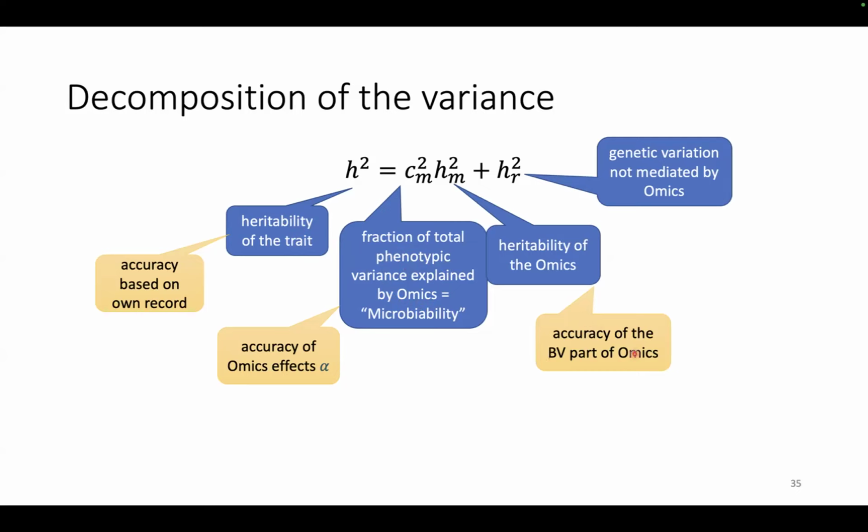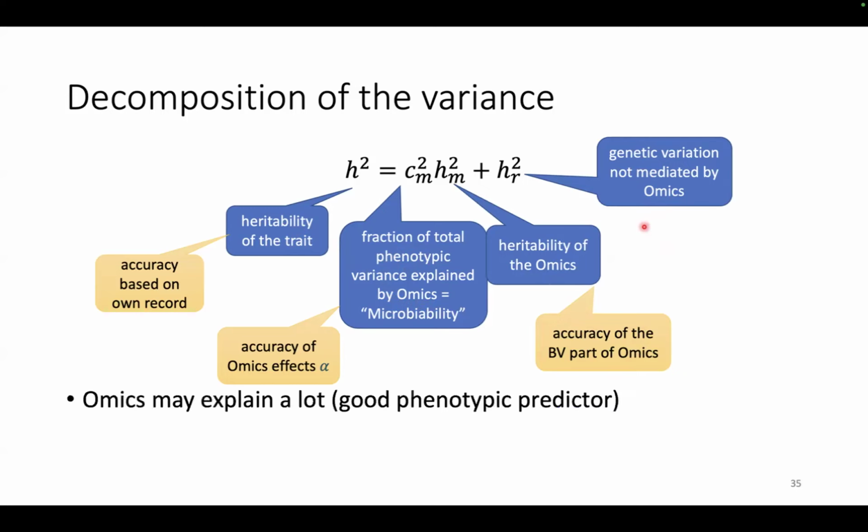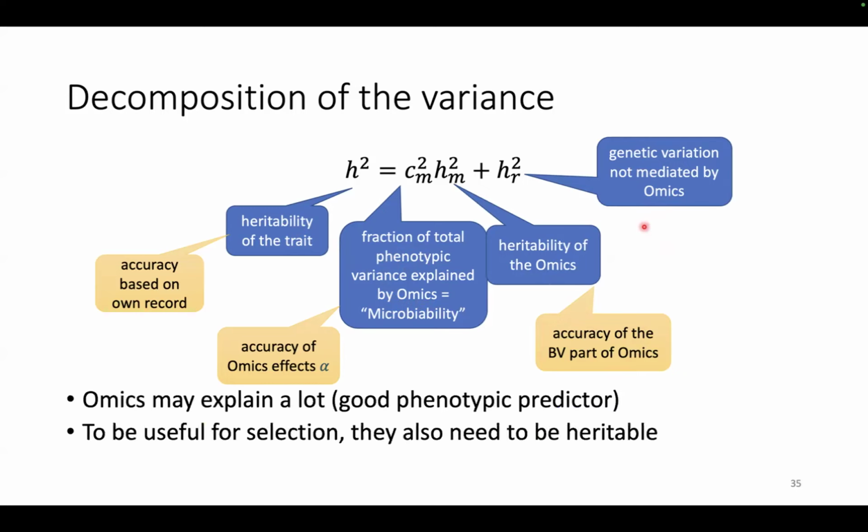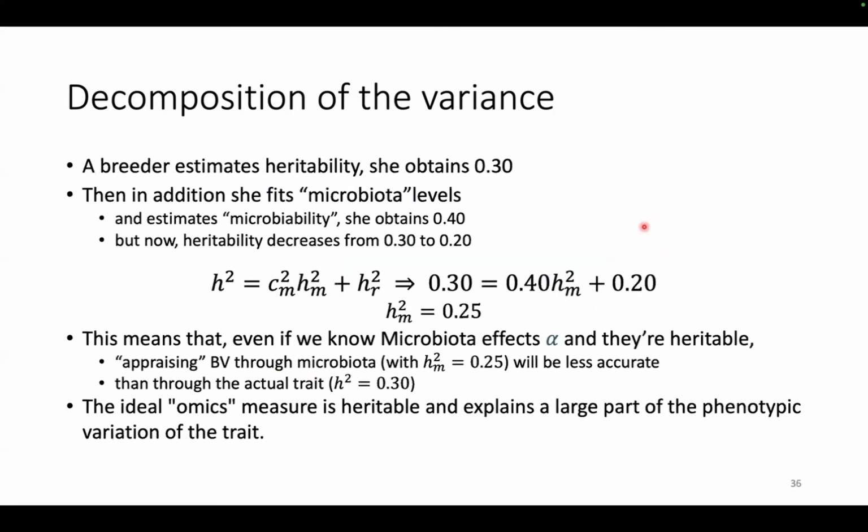The heritability of the omics is, if I knew the omics-mediated part, how much of that is genetics, so the accuracy of that part. And this one to the top right is again the accuracy of the non-mediated part of the breeding value. So omics can explain a lot, but they may not be useful for selection. And I will go into that again later.